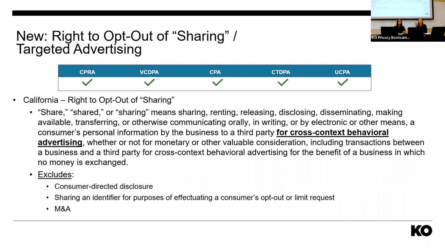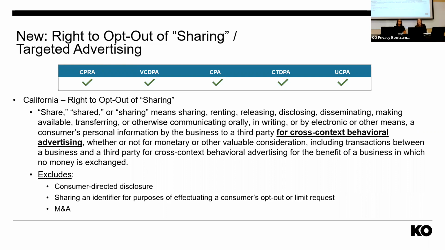So of note, like sales of data, there are some important exclusions to the right to opt out of sharing. If the consumer directs the disclosure of their data, so if they direct you to disclose data to a third party for purposes of targeted advertising, they can essentially opt into that. That would be an exclusion to what constitutes sharing under the law.